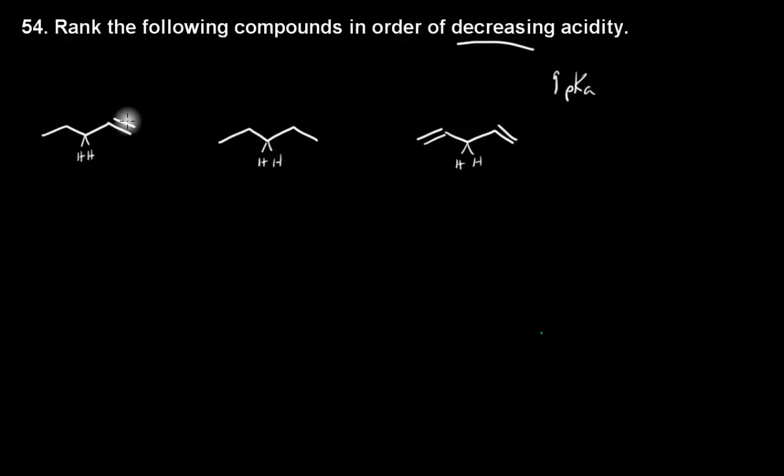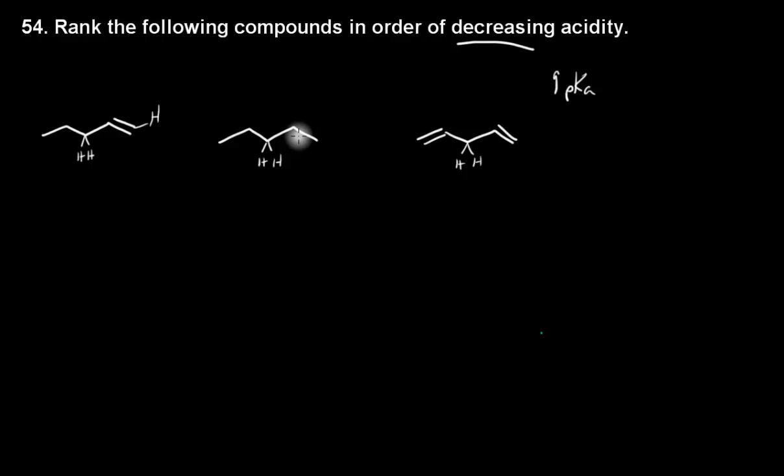Now, obviously, the hydrogens that are attached to the sp2 carbon are going to be a bit more acidic than the hydrogens attached to the sp3, but in this case, there's not really going to be a chance to delocalize electrons very well for either of these situations. And we don't have a pi bond here to deprotonate.